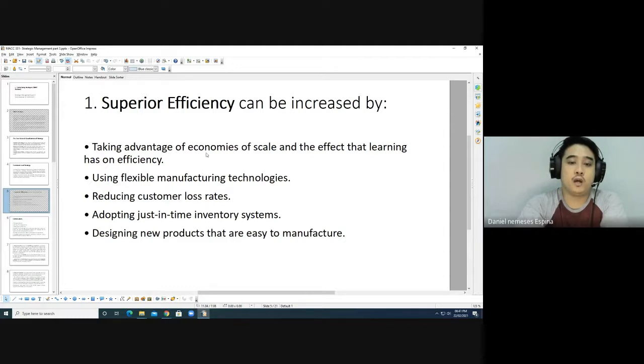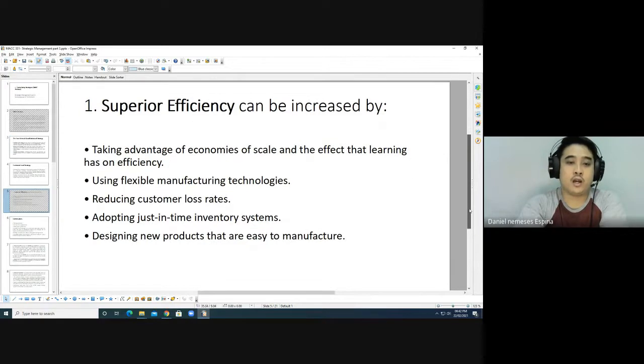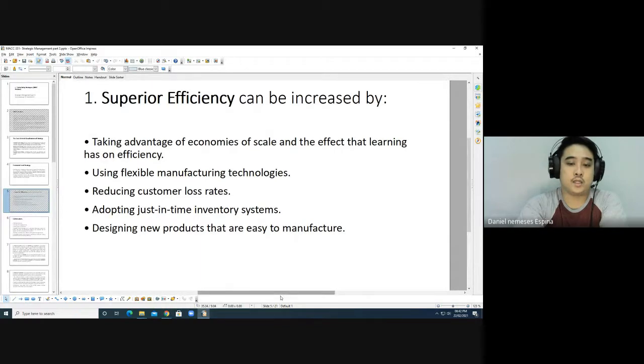So the depreciation is fixed while the number of output it can generate is very very high. Unlike in the labor intensive, of course more labor hours means more salary to pay. Then learning efficiency, of course, as we learn more, as we become more familiar with the production, our output will also increase.